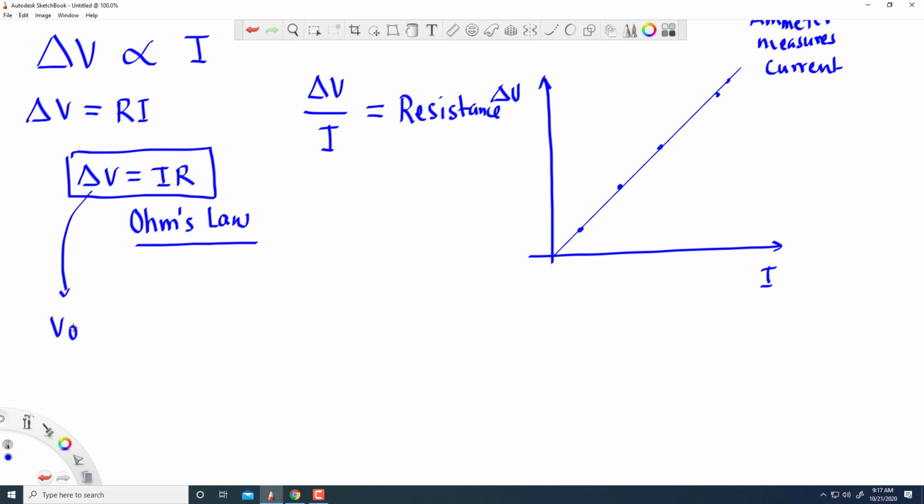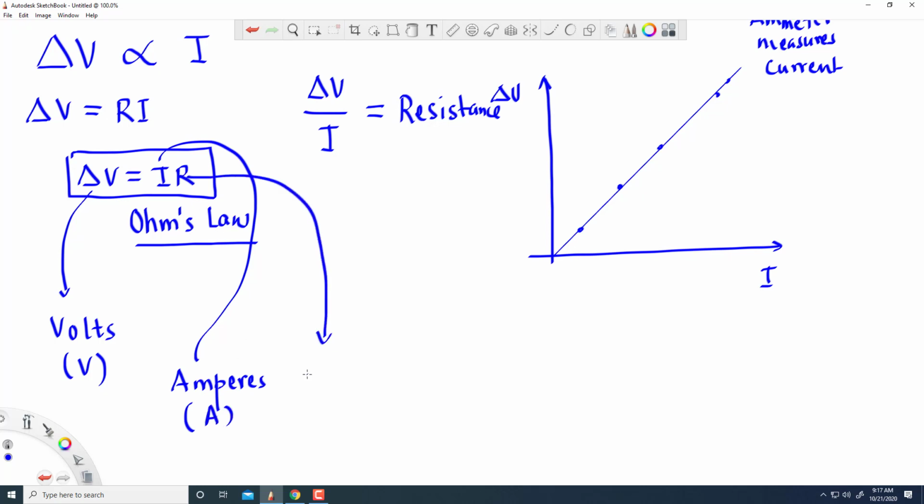The unit for delta V is volts, which is capital V. I is measured in, you guys remember what the current is measured in? Amps or amperes, yes, amperes or A, and R is in ohms, capital Greek letter omega.